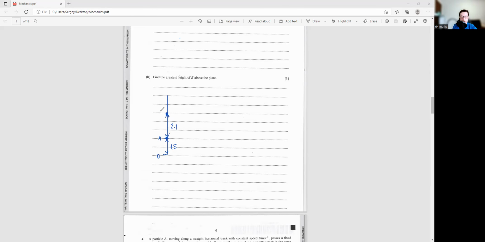Now at this point, and I will call it B, the first particle reached the ground, and the second particle, particle B, continued to move upwards until it reached the greatest height. I will call this point M for maximum height. Now, basically, all we have to know is the height BM.